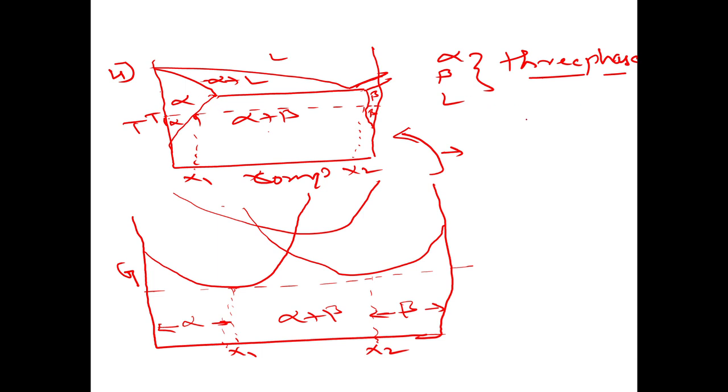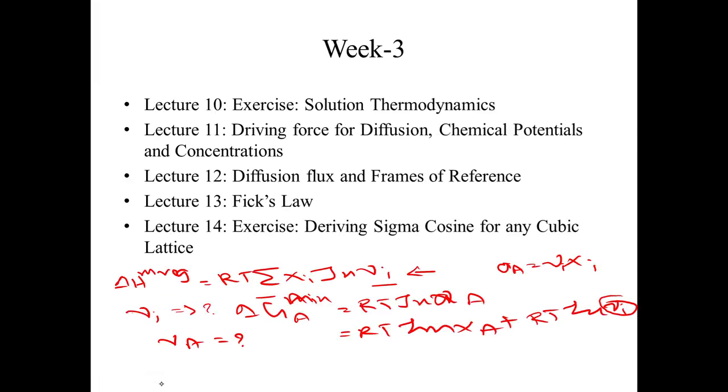For that, we conduct a series of experiments at various temperatures, then plot a G versus X graph for every temperature, then plot into this phase diagram. Then we will get a phase diagram for each component. Yes. So this is what we have learned in lecture 10.